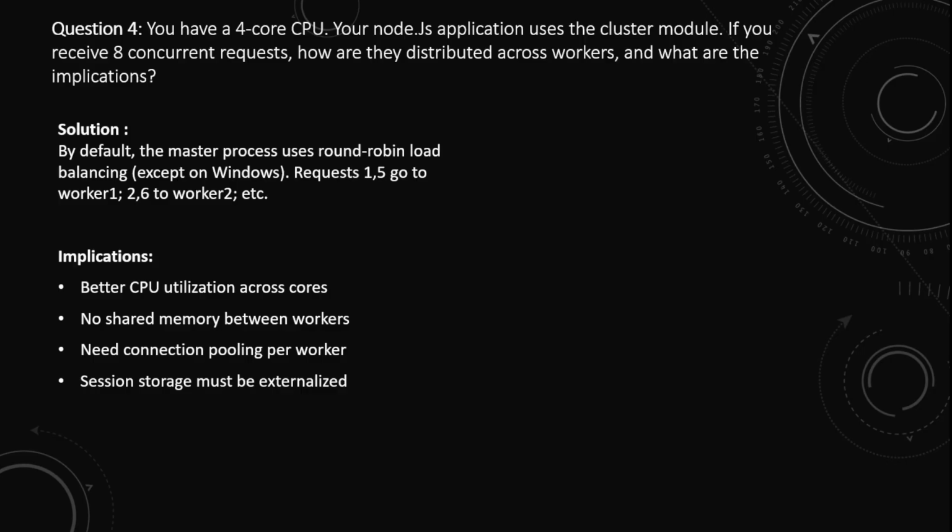If the number of concurrent requests is greater than the number of CPU cores, all of the CPU cores will be processing requests, and hence at any point of time all of the CPU cores will be working, ensuring better throughput. For example, requests 1 and 5 are processed by worker 1, requests 2 and 6 are processed by worker 2, and so on.